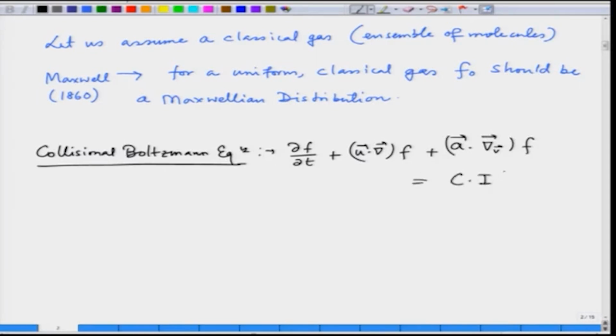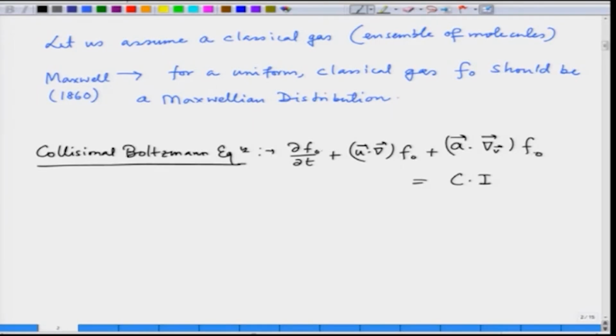This is the collision integral, okay, the whole integral. Now, we have to construct by using step by step assumptions the form of F0. So, if this is true for all F, then of course, this is also true for F0.